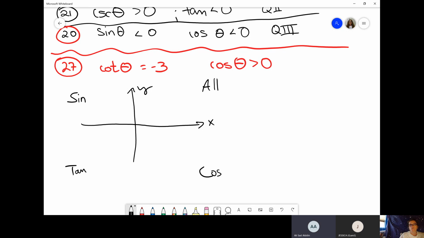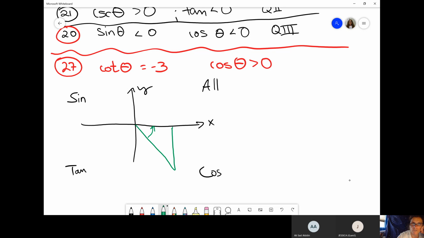So if the cosine is positive but the cotangent is negative, I can only be in quadrant 4. Okay, so you draw your triangle. Here's our angle that we're looking for. We're just looking at quadrant 4.